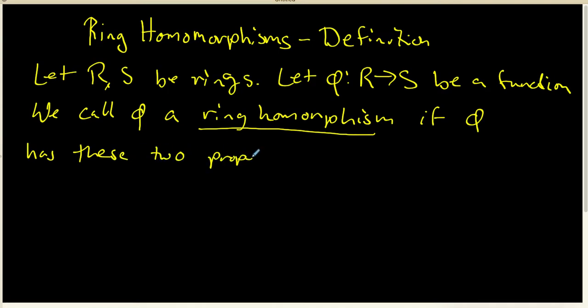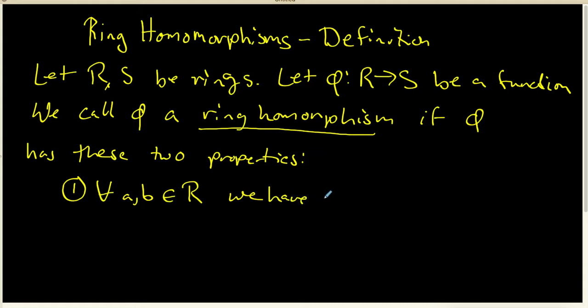And these two properties are as follows. The first one says that for all elements inside the domain ring R, we have phi of A plus B is going to be phi of A plus phi of B.